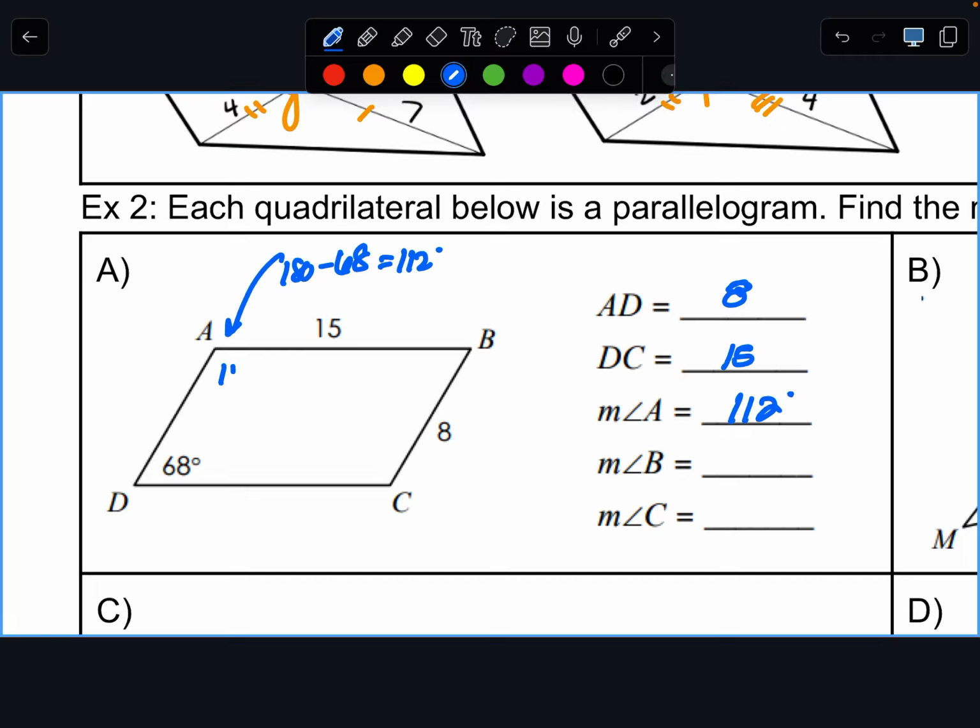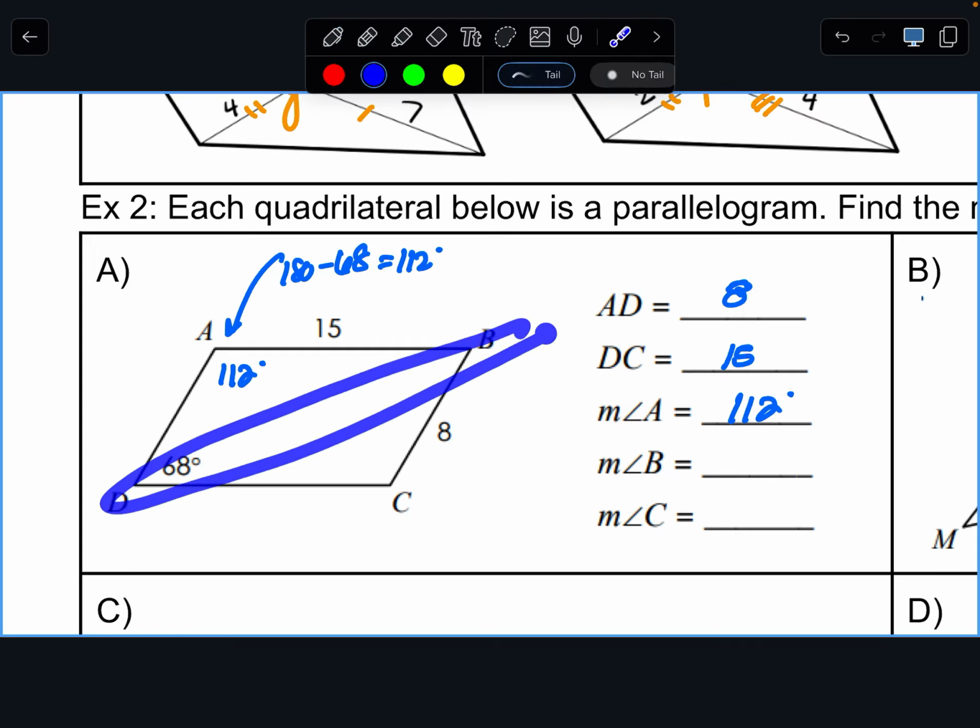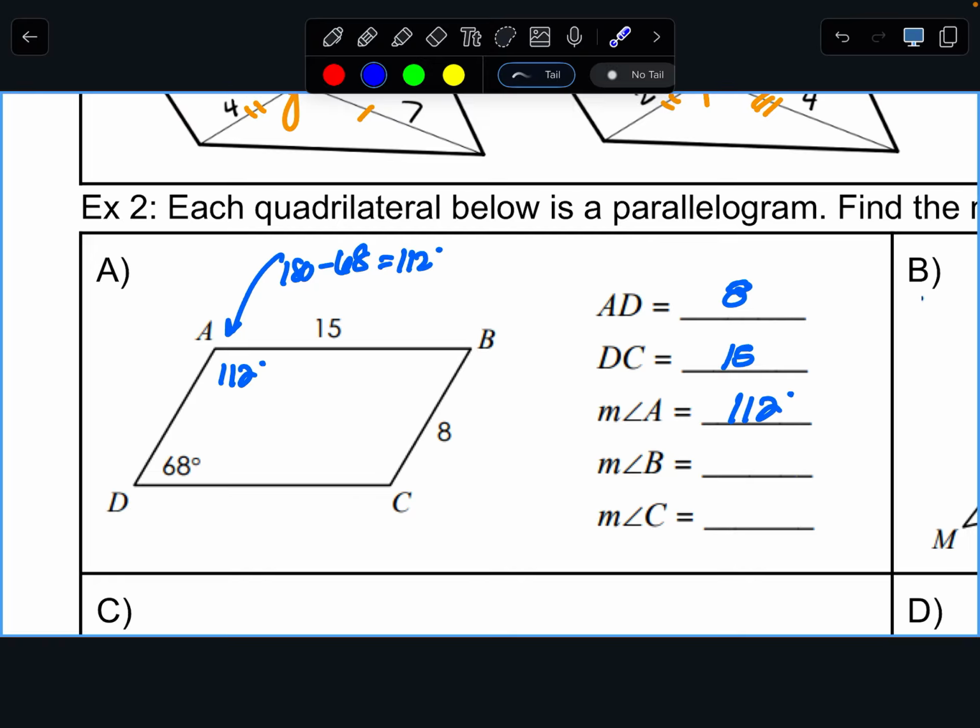Okay, so if this is 112 degrees, how much is angle B? It is opposite here, so angle B is 68. And then angle C is 112. That's it. Once you know the properties, then the calculation part generally isn't too hard. It's subtracting sometimes.